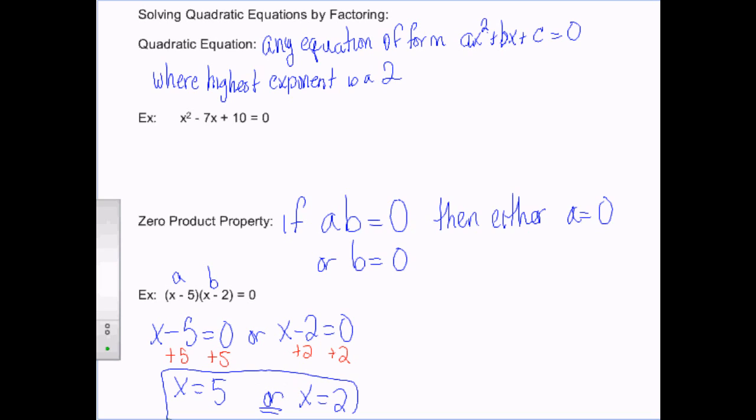You will almost always get two answers on these. The only time you will not get two answers is if the factoring matches. So it's like x minus 5 times x minus 5. Then you'd get the same answer for both, and you'd only have one answer. That only happens if it's a perfect square trinomial.